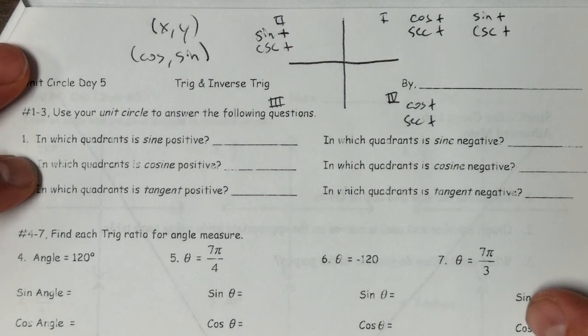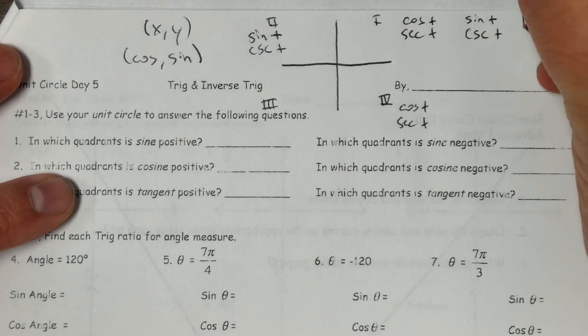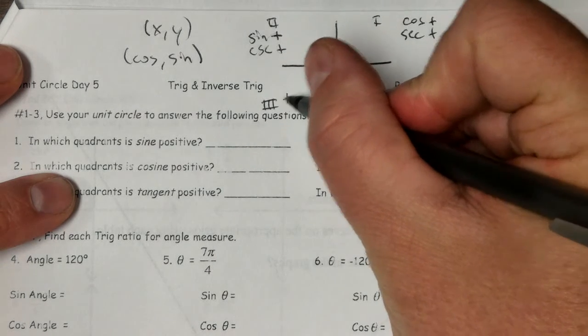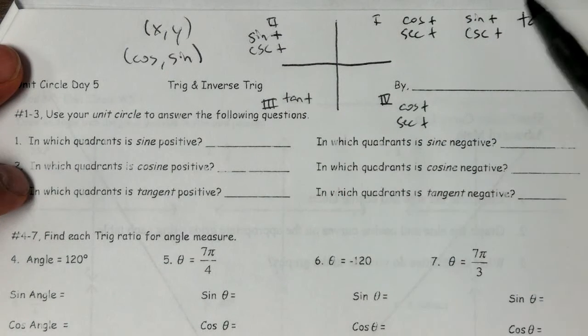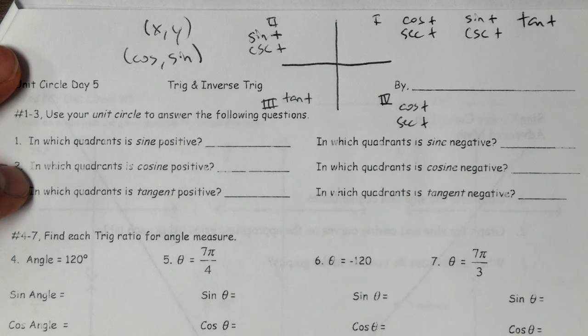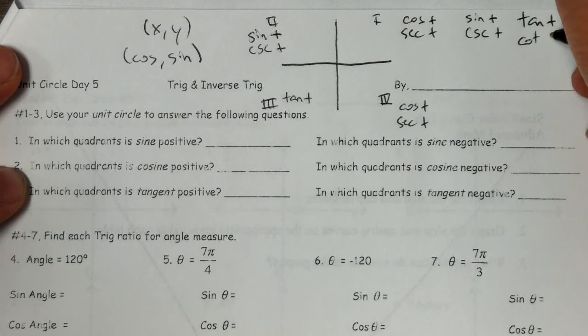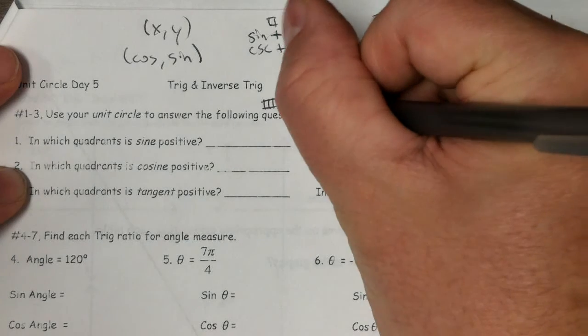Tangent would be where it's positive divided by positive, or negative divided by negative, which is in quadrant 3 and 1. And the partner of tangent is cotangent. So you have cotangent positive here and here.